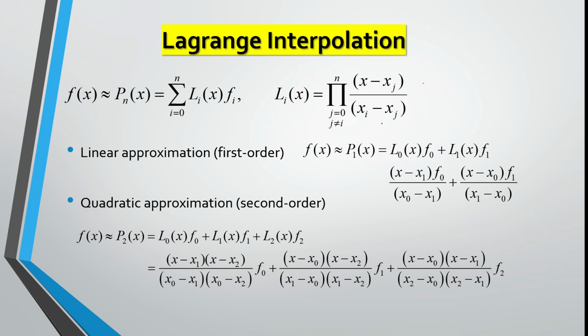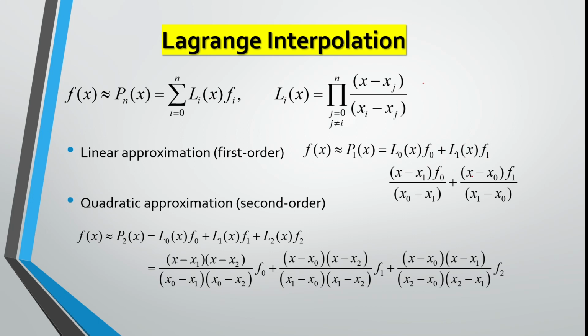That's why L naught is only x minus x1, divided by the denominator, which is the same, only you replace x by xi. So for linear approximation, L naught has one term only, which is x minus x1 divided by x naught minus x1. Then L naught multiplies f naught, or y naught, and then L1 times f1.